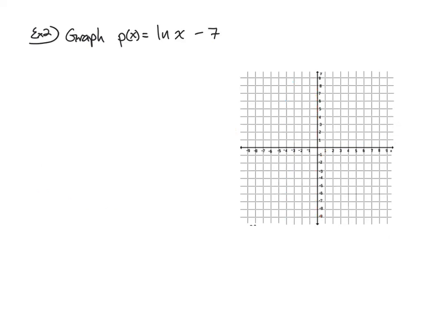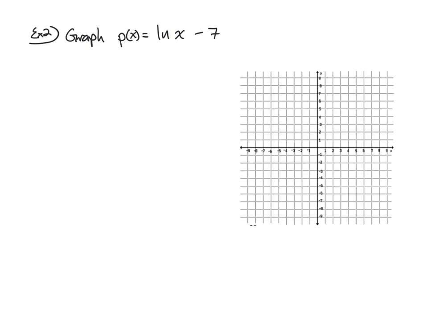Here we have example 2: graph the function p of x equals the natural log of x minus 7. Now you'll notice that there are no parentheses on the right side of this equation. What that means is the natural log only will accept the first term after the natural log notation.